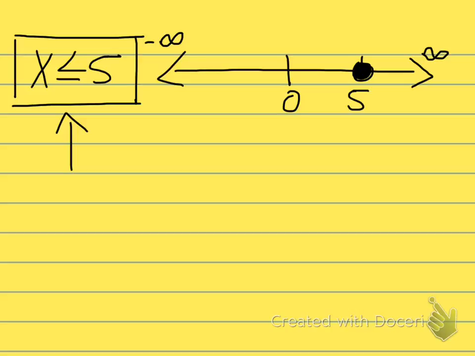Now I also have to shade all of the values that x could be in this answer. And if we look back over here at the x is less than or equal to 5, tell me a number that x could be which would actually be less than or equal to 5. Well, equal to 5 is easy. I already have a solid circle on the equal to part, but now I need to represent all of the numbers less than.